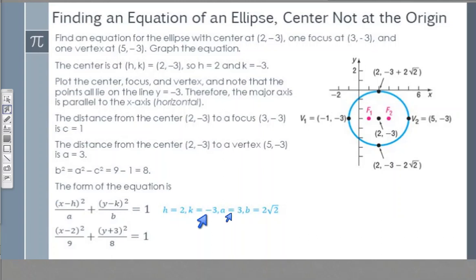And they did that right here. But when I'm writing my equation, I've got my a value here, I've got my b value here. Notice how a is greater than b. That's how we knew it was horizontal. And then I go ahead and plug in my h and k values in the top. So that finishes off that equation.